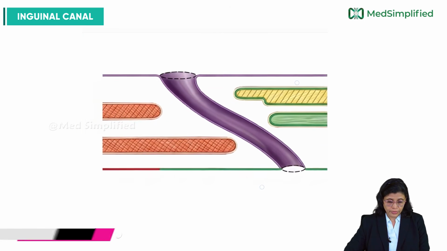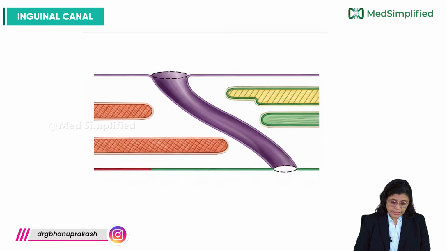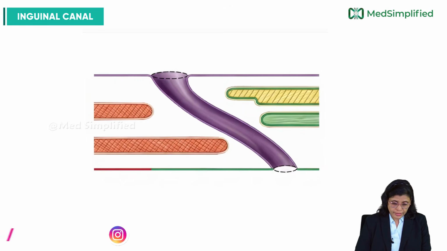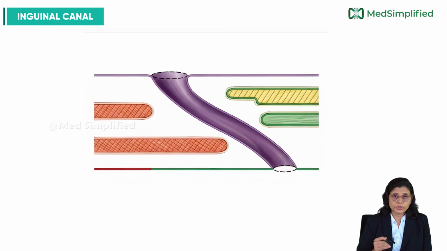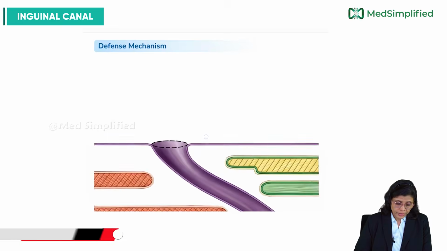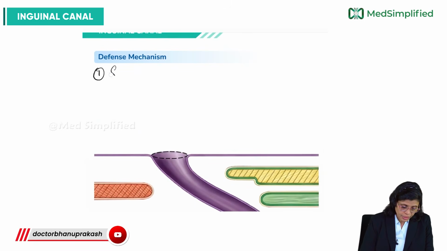The inguinal canal itself is very obliquely placed, right? Since it is a site of potential weakness in the lower part of the abdominal wall, it provides a site for herniation. So it is provided by its own strength, the muscle strength and tone, which contribute to the defense mechanism. Here we have different types of defense mechanisms. One is the shutter mechanism.